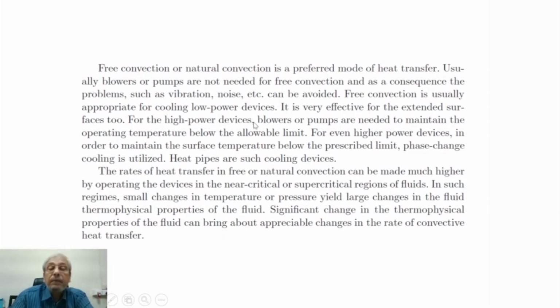For high power devices, blowers or pumps are needed to maintain the operating temperature below the allowable limit. For even higher power devices, phase change cooling is used to maintain the surface temperature below the prescribed limit. Basically, heat pipes are used for such cooling devices. We will come to know about heat pipes in this course later.